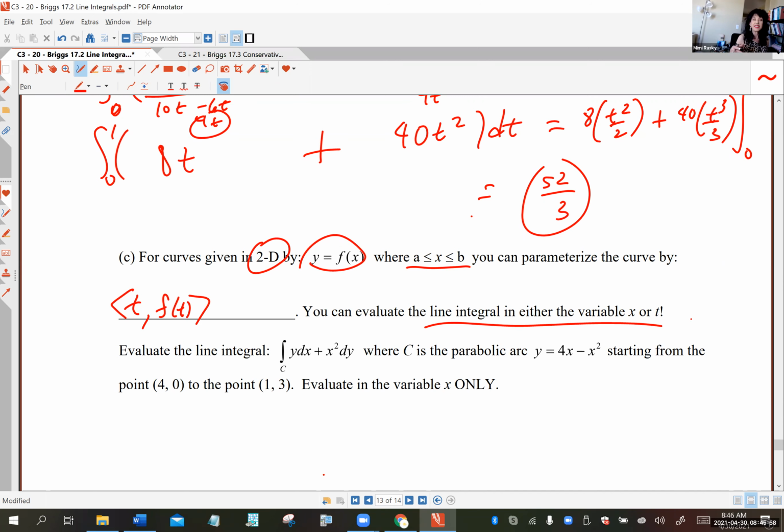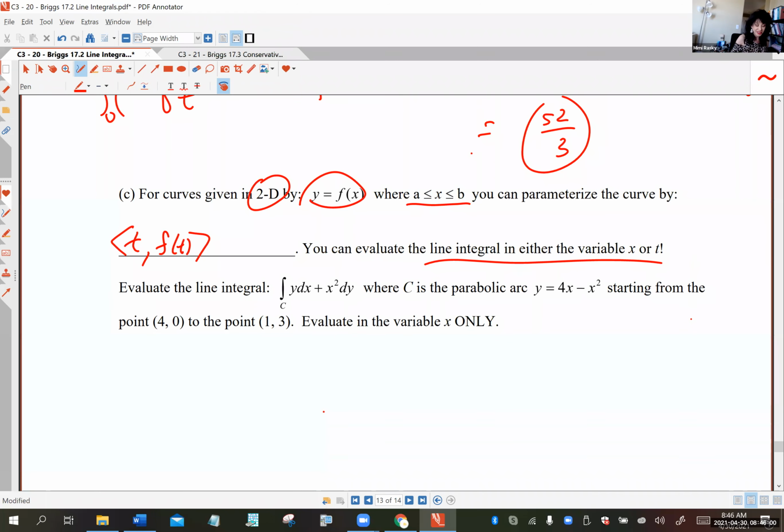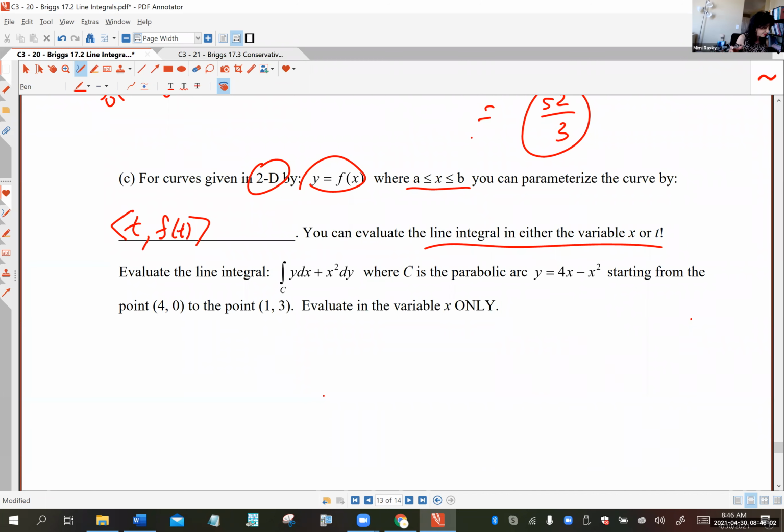But for these super easy ones, you can stay in the world of x if you're careful. So here, suppose y is equal to 4x minus x squared. Okay, then dy is 4 minus 2x dx. And then dx is just itself, dx.